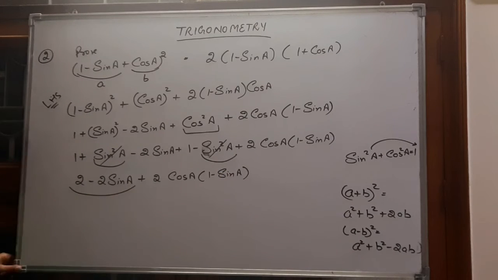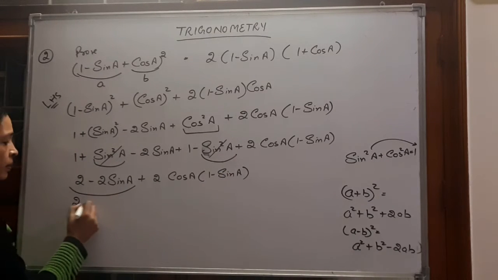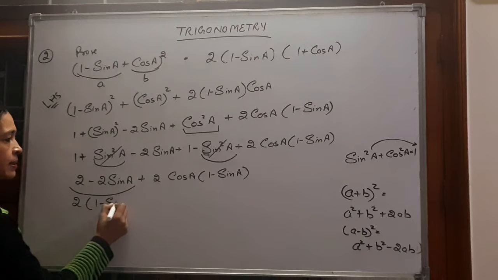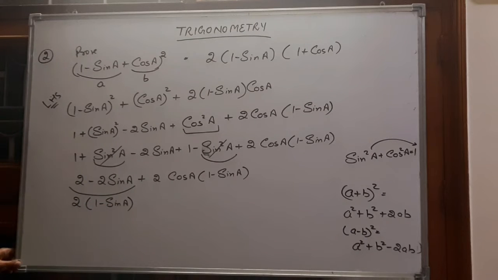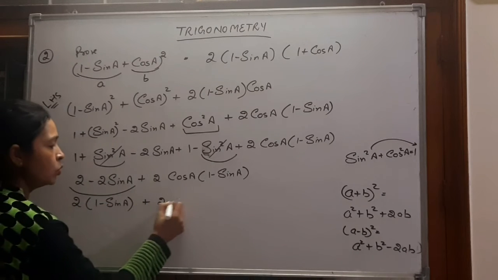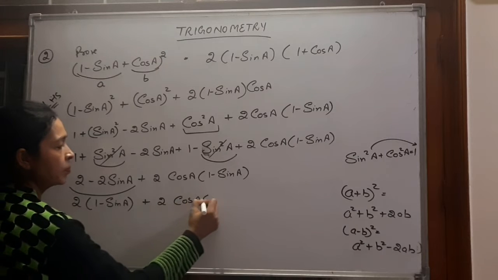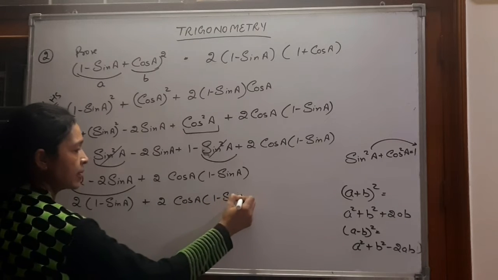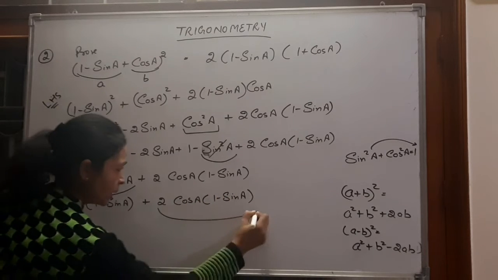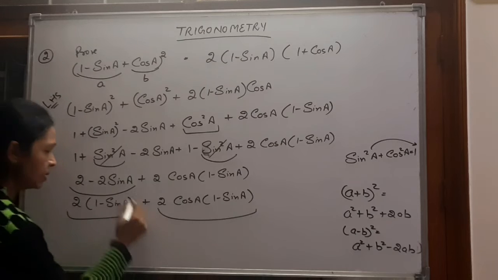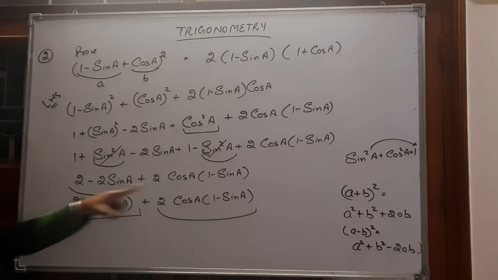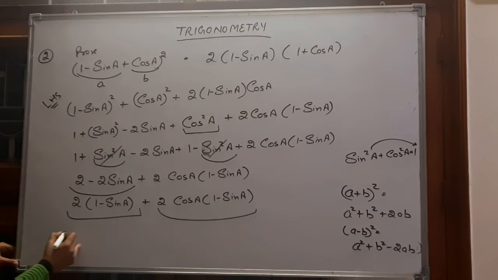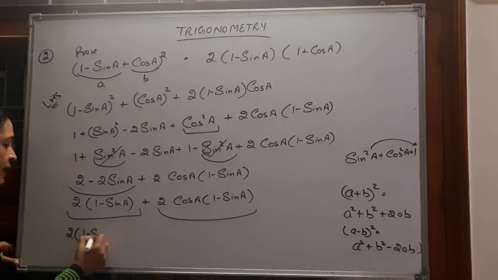What is common in these two terms? 2 is common: 2 times (1 minus sin A) plus 2 cos A into (1 minus sin A). Now we have one term this and one term this. What is common in these two terms? 2 and (1 minus sin A), both are common.